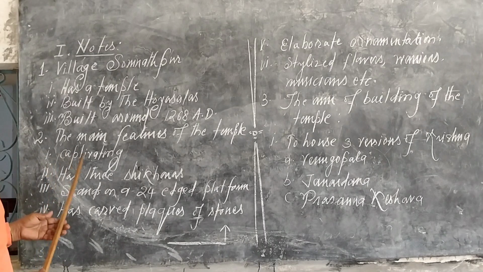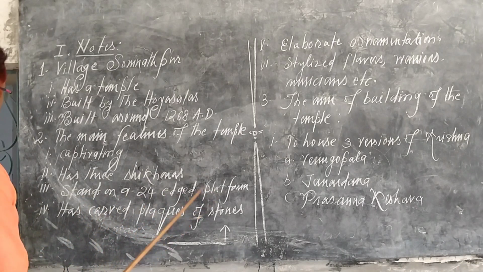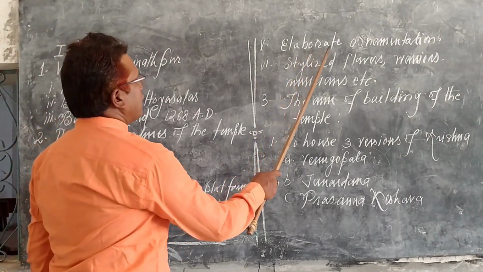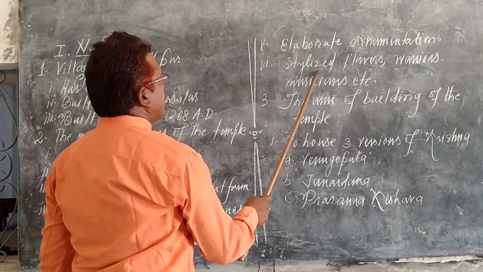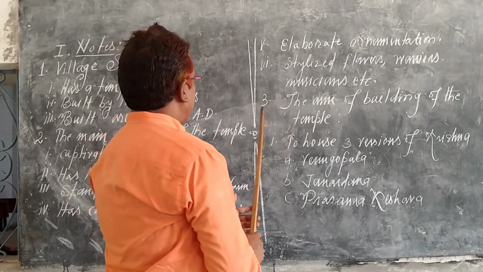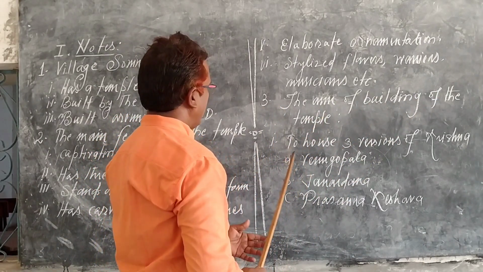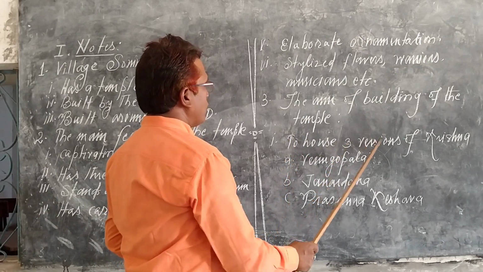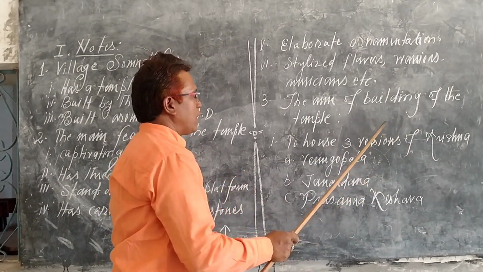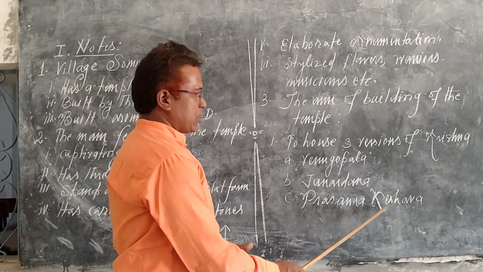Subheadings are: captivating, has 3 shikhras, stands on a 24-edged platform, has carved plaques of stones, elaborate ornamentation, stylish flowers, various musicians, etc. The third heading is the aim of building of the temple. Number 1, to house 3 versions of Krishna, and those versions are Venugopala, Janardana, Prasanna, Kesava.